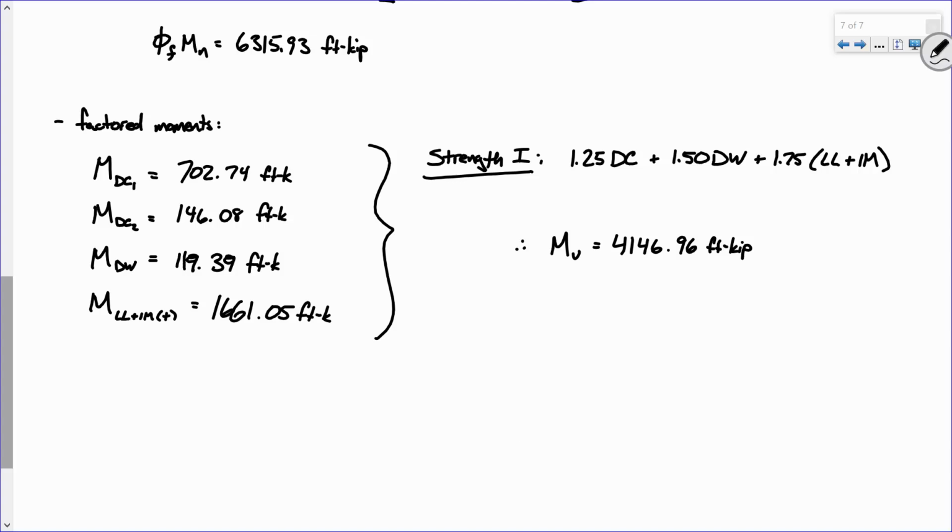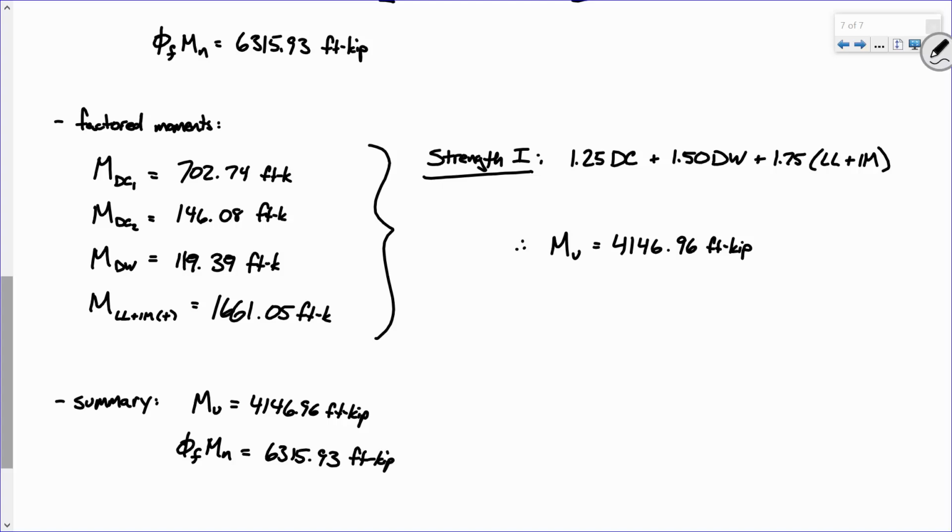Now I'm going a little fast, but is everybody okay with this? Does anybody have any questions? So to summarize, because I always like to put a little summary and make sure I understand what's going on. To summarize, we need our beam to resist a moment of 46.96 foot kips, and it is able to resist a phi Mn of 63.93.